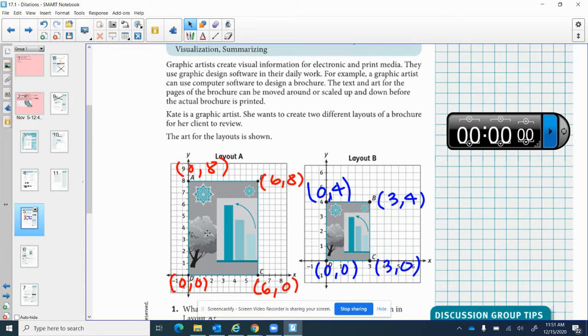So if we look at the coordinates for layout A, we have 0, 0, 0, 8, 6, 8, and 6, 0. And in layout B, still 0, 0, but now it's 0, 4, 3, 4, and 3, 0.